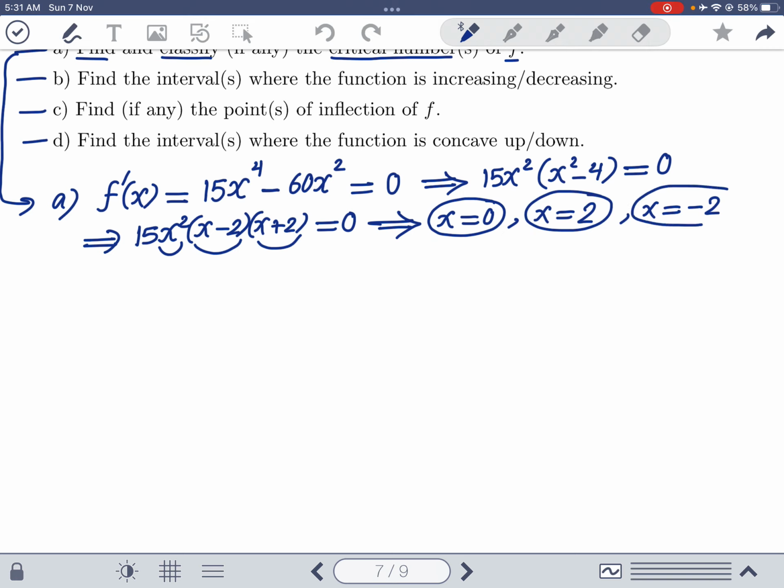So we have 3 critical numbers. 1, 2, 3. These are the critical numbers. But it doesn't mean that they are for sure maximum or minimum. It can be that one of them is neither a maximum nor a minimum. Among the critical numbers, you have the maximum and minimum, but also things that are neither maximum nor minimum.